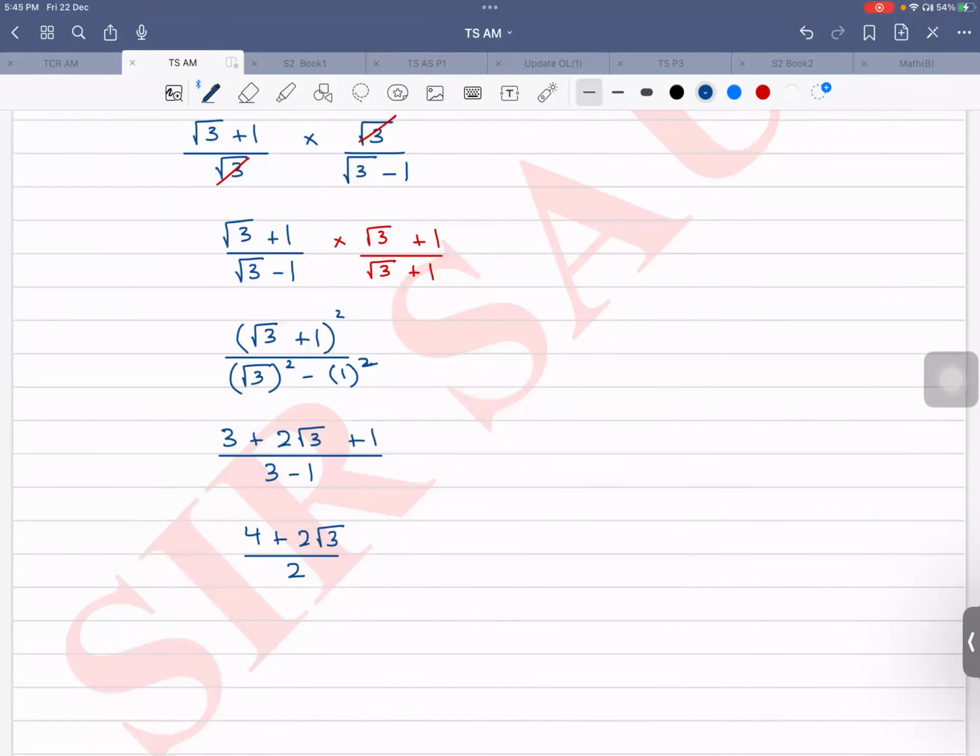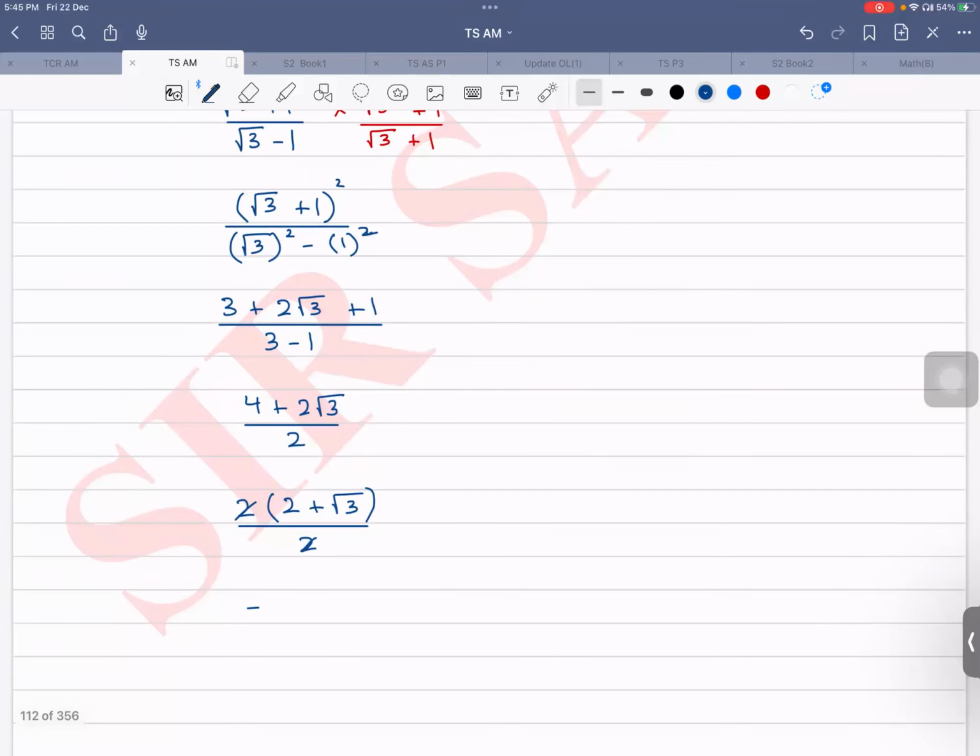Let's take 2 common from the numerator, so that the 2 on top cancels out with the 2 below. And my final answer turns out to be 2 plus square root 3.